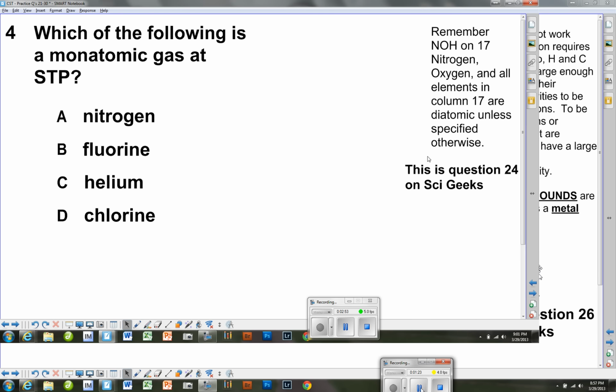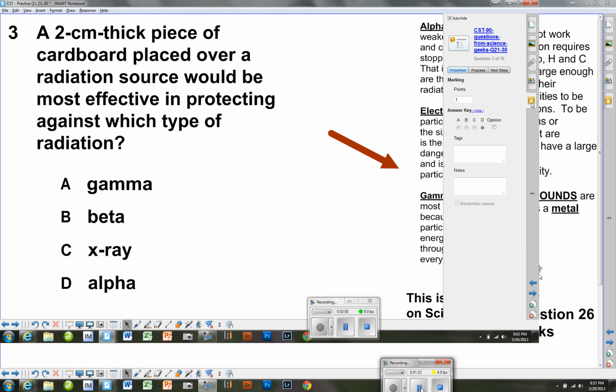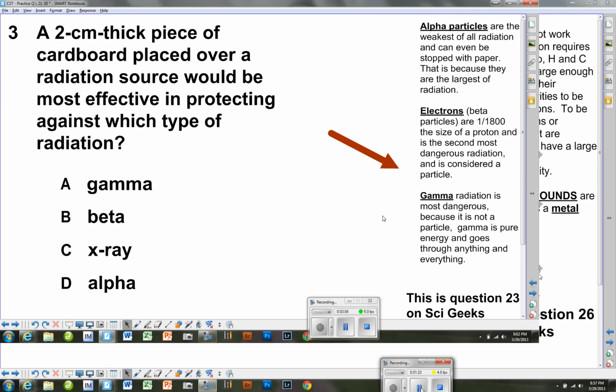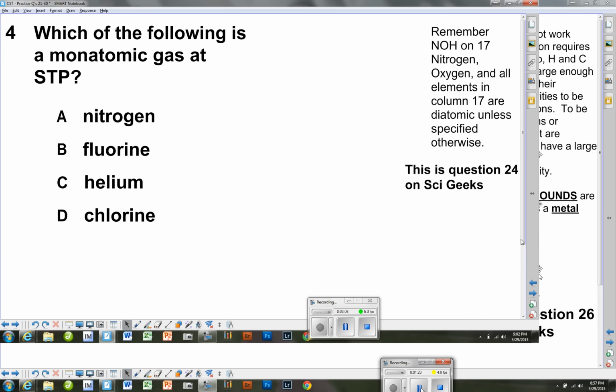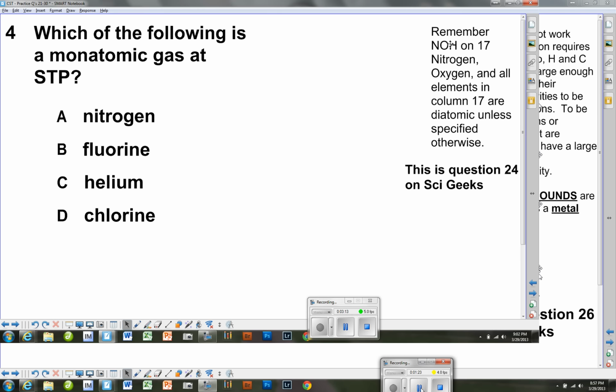Alright, here we go with question number 24. Oh, back here on question number 3, your answer is letter D. And back here now for question number 24, this guy, the answer is C. And remember your no on 17.